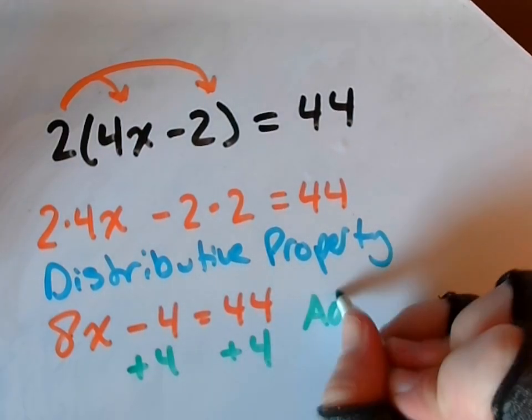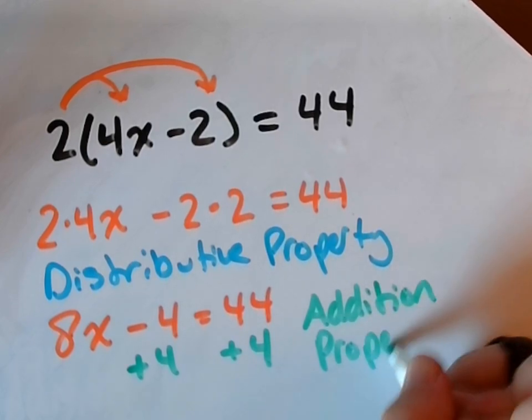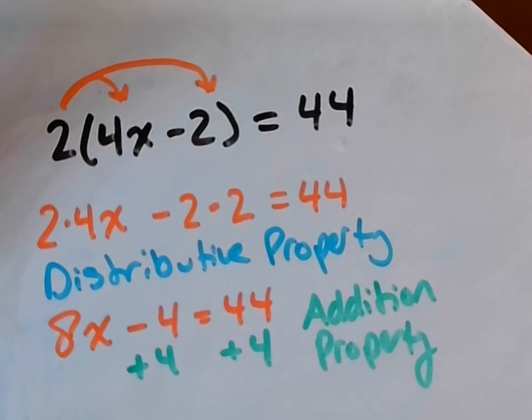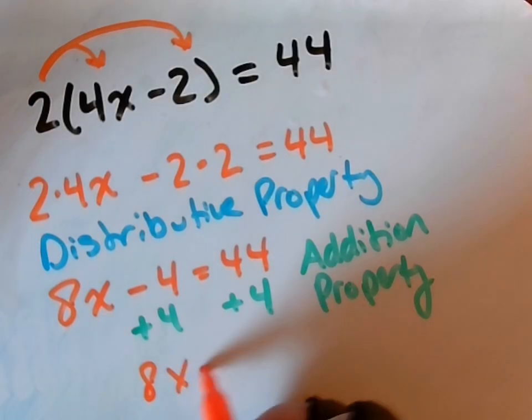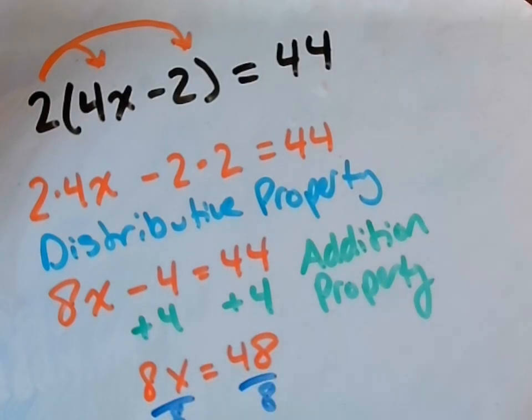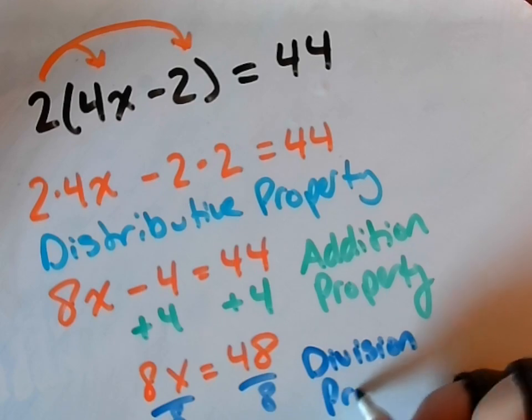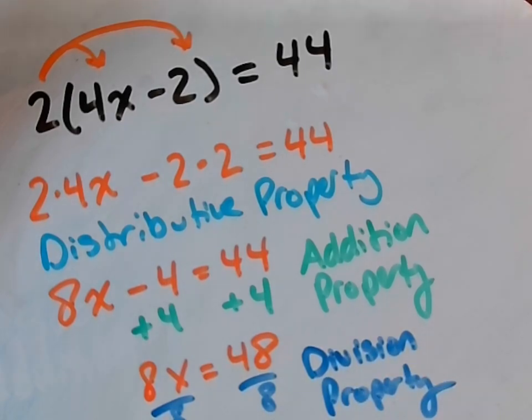That's the addition property of equality. And we have 8x equals 48. And then we divide both sides by 8. That's the division property of equality. And that's it. We name the things that we have done, and those are the properties that we are using.